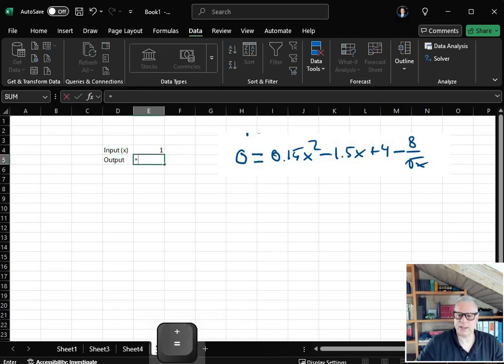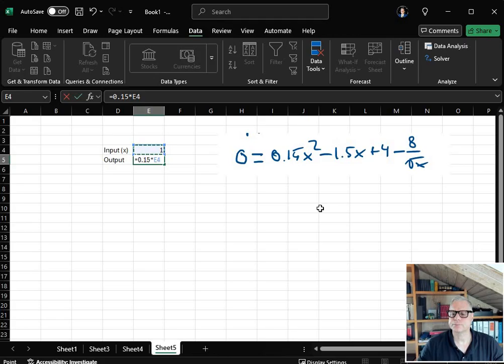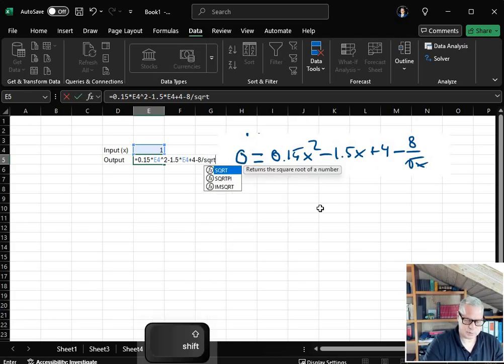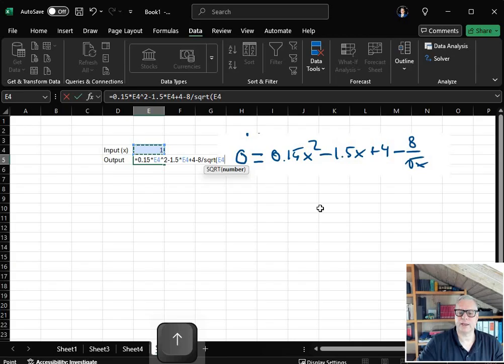Then I would use this formula: equals 0.15 times x squared minus 1.5 times x plus 4 minus 8 divided by the square root of this x.